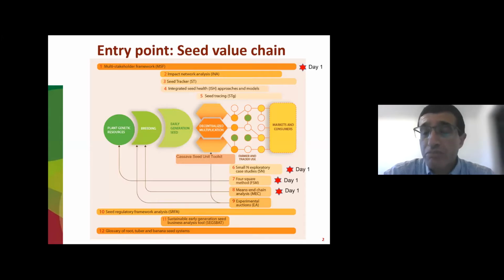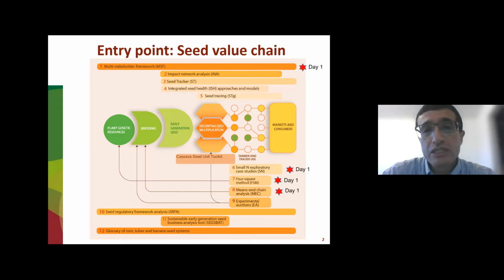One of the entry points for using the tools, for selecting the tools out of our toolbox, is using the seed value chain. So you can see here the 11 tools plus the framework plus the glossary that we have in the toolbox. And you can see that these tools span across different components of the seed value chain. So on day 1, we described 4 of the tools.